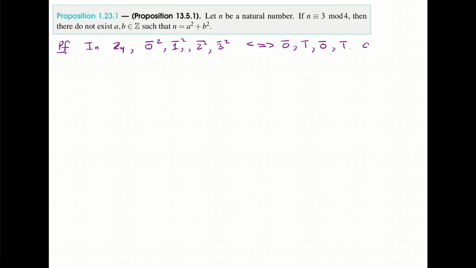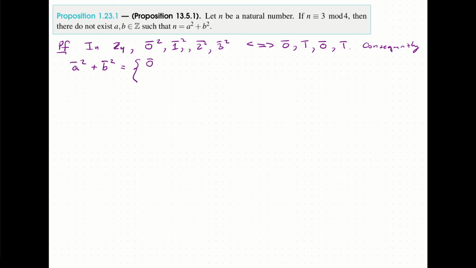So consequently, a bar squared plus b bar squared can be one of the following. We know that a squared and b squared can each be 0 or 1. So if it's 0 and 0, we're going to have 0.